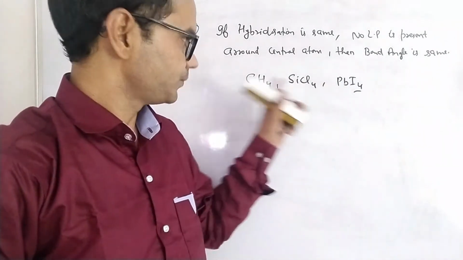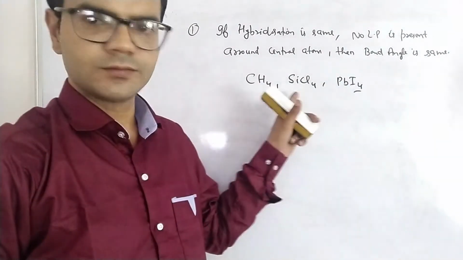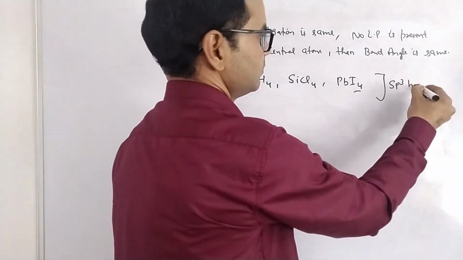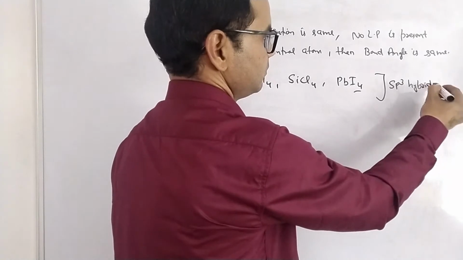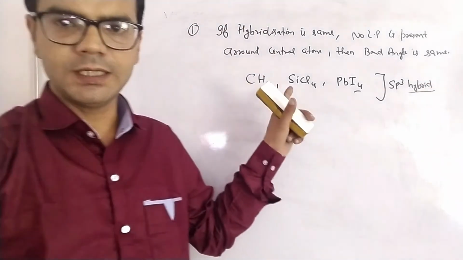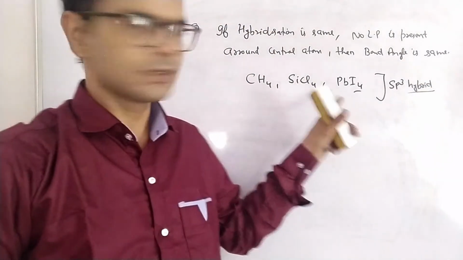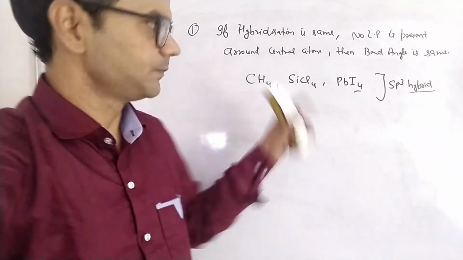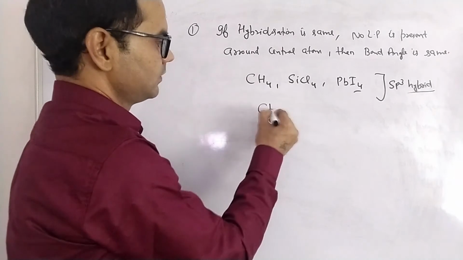They have the same type of hybridization. All are sp3 hybrid orbitals, and there is no lone pair present in all these three. So the bond angle is equal.